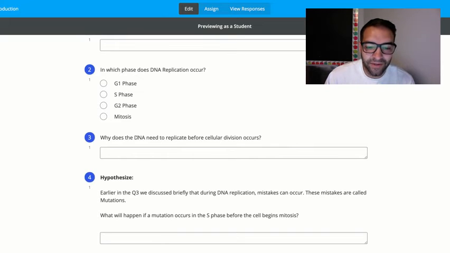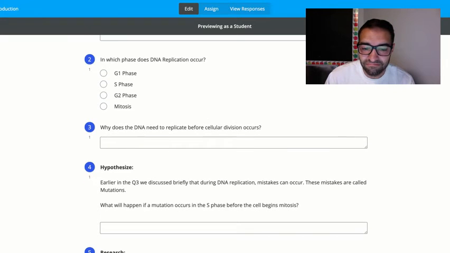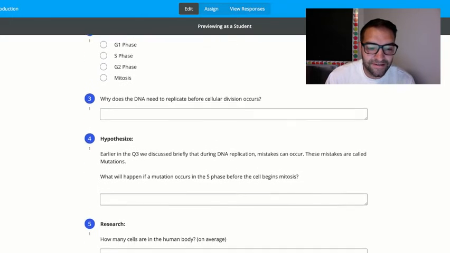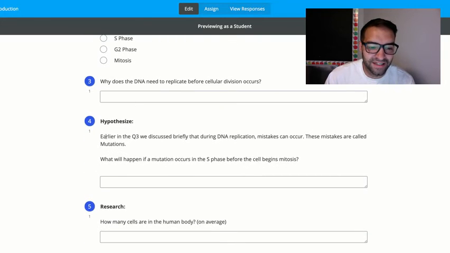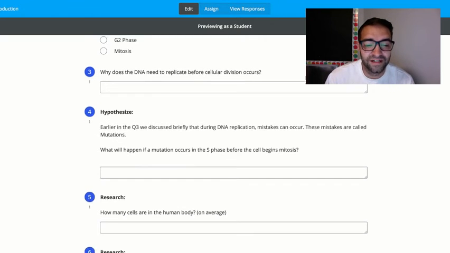Why does the DNA need to replicate before cellular division? Okay, I'll let you think about that. Hypothesize. Earlier in quarter three, we discussed briefly that during DNA replication, mistakes can happen. These mistakes are called mutations, right? We still haven't gone into a mutations activity.